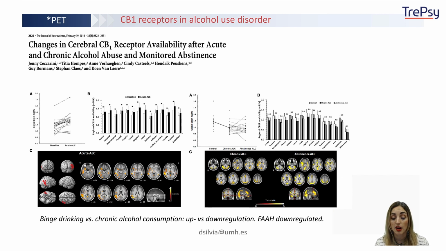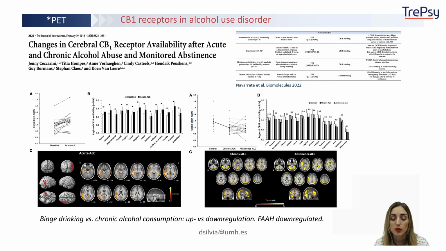Interestingly, the authors find that while binge drinking causes an increase of the CB1R availability, the opposite effect is seen in chronic alcohol consumption, so up versus down regulation. And in chronic alcohol consumption, this reduction of CB1R availability is not recovered during early abstinence.